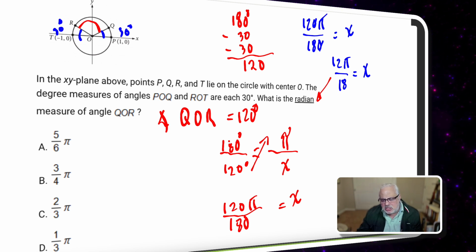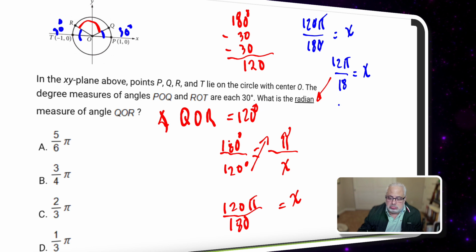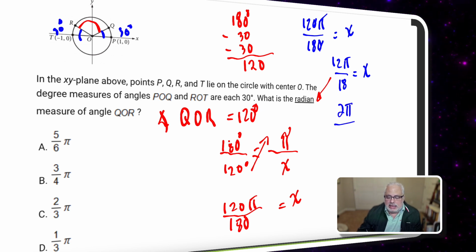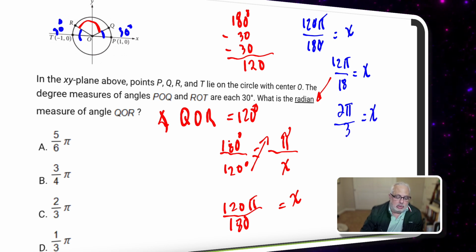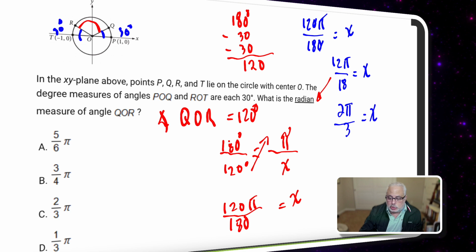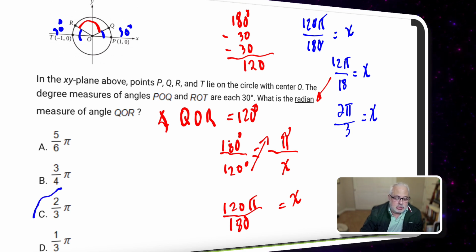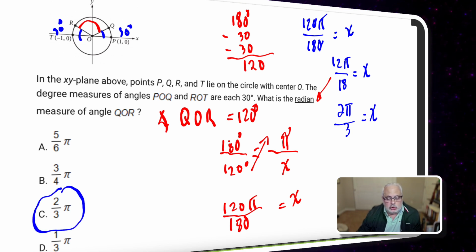And then you can see that both numbers are divisible by 6. 12 divided by 6 is 2, and 18 divided by 6 is 3. x is 2 pi over 3. So the answer is right here, 2 over 3 pi.